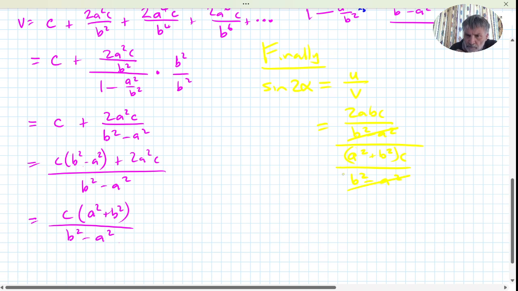These cancel. The c cancels, so that leaves us with 2ab over a squared plus b squared.